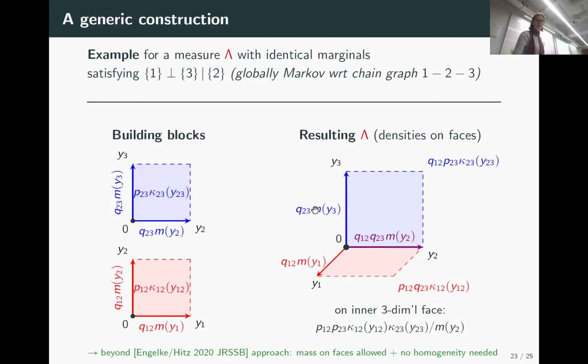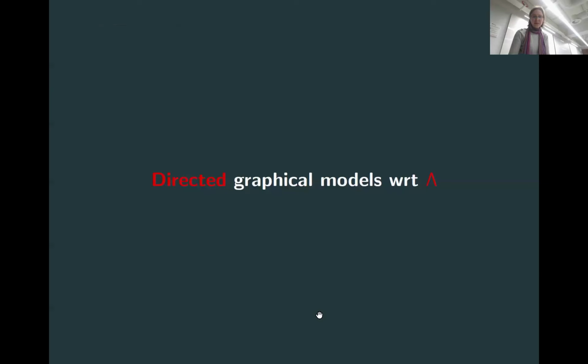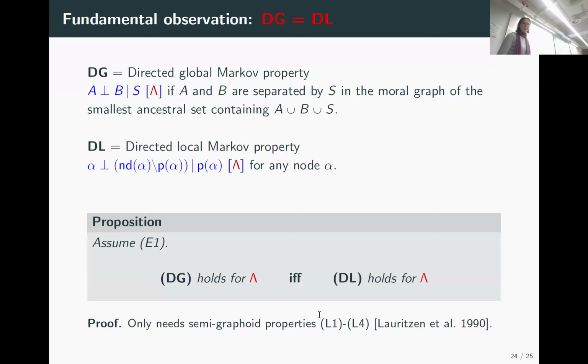So you can imagine those different densities along those different subspaces, and we know how to construct the one here, for instance, and which kind of relations they have to satisfy so that we can glue them together. So for the directed ones, something that is otherwise quite well known is that directed global is typically equivalent to the directed local Markov property.